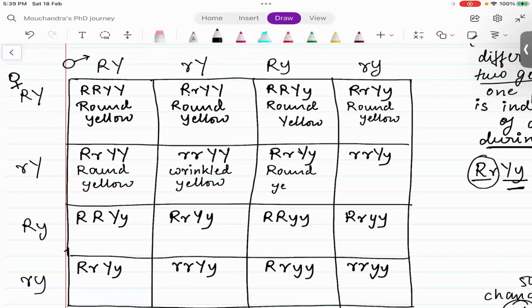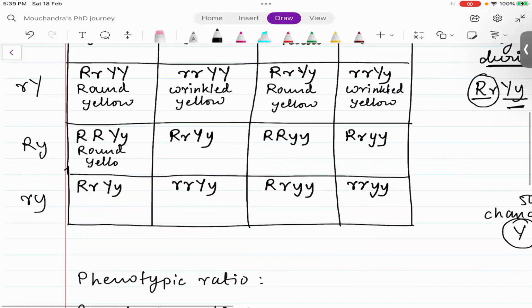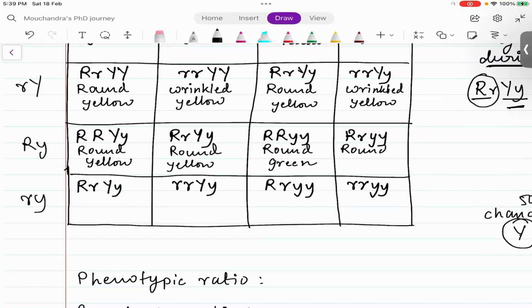Again, wrinkled and yellow, round yellow, round yellow, round, but it will be green because it is homozygous for the allele corresponding to green seed color. Round, green; round, yellow.